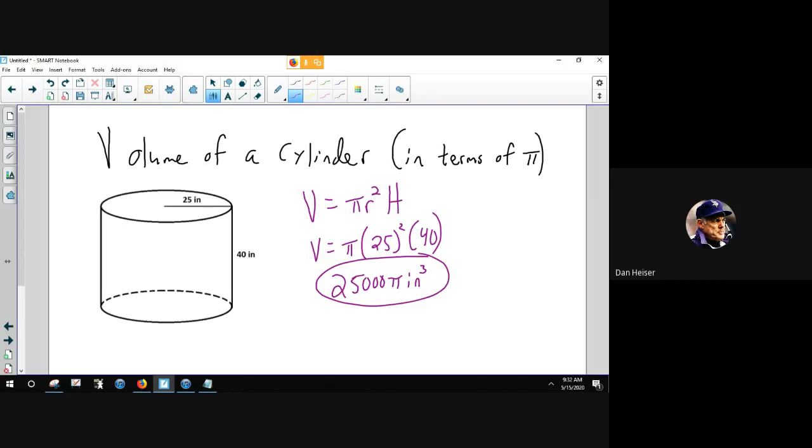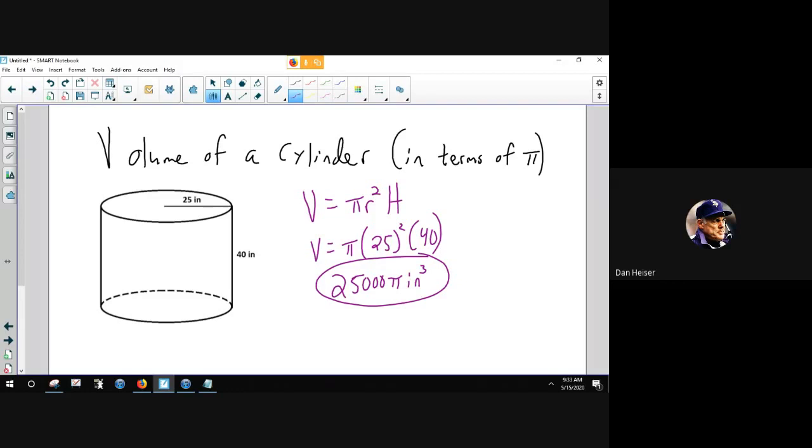Volume in a lot of ways is easier than surface area because, again, we are just taking this base polygon, this base shape, and we are just multiplying it by the height of that solid. That runs through the entire interior space.